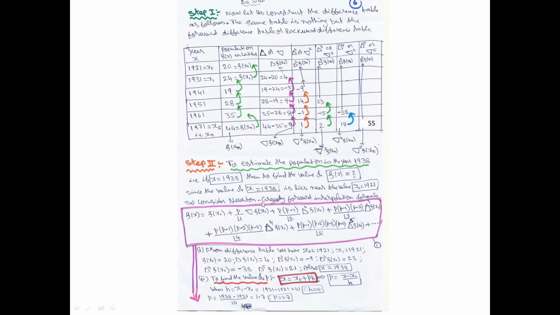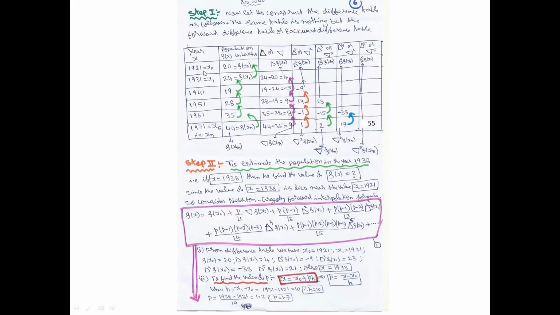If it is the Newton-Gregory backward interpolation formula, then x equals x naught minus ph. For forward, x equals x naught plus ph. Therefore p equals x minus x naught by h, where h is equal to x1 minus x naught from the table.